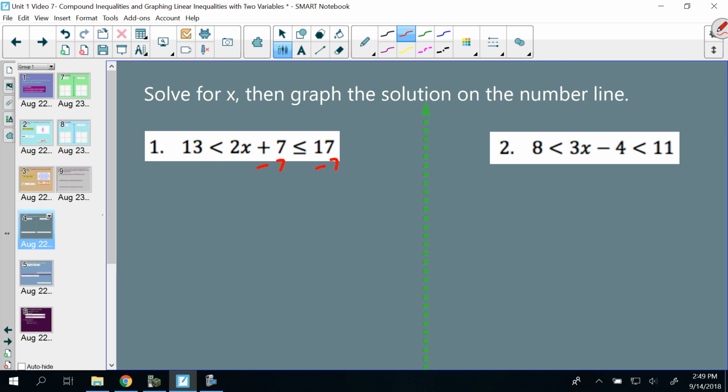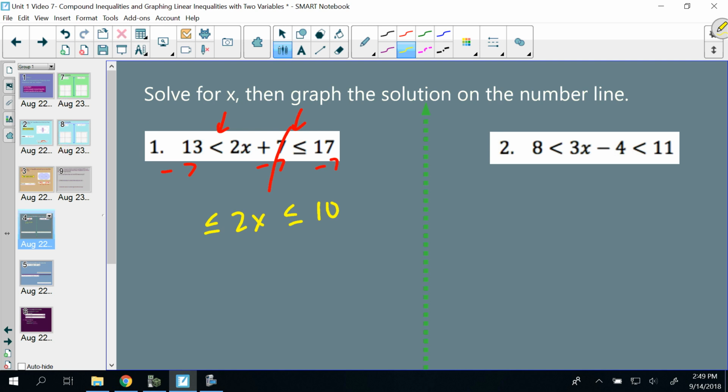Usually when there's just one inequality sign, we just have to do it once. But here, since we got a second inequality sign, you also have to subtract 7 from that side. So now the 7 in the middle's gone, and we would just have 2x remaining in the middle. Signs don't change when you add or subtract.